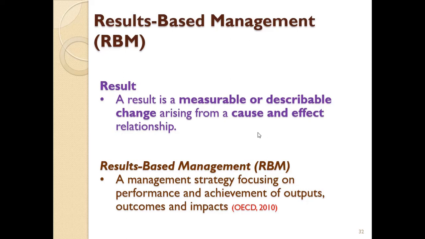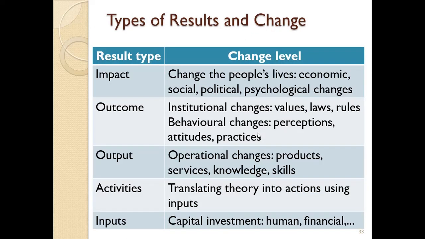Okay, so in this case, since the logic framework already establishes the kind of results that we want, the process of results-based management helps managers to ascertain and attribute certain changes within communities or among target groups to that particular intervention. So you have the result type and you have change level. Under inputs, you have capital investment in terms of human and finance.